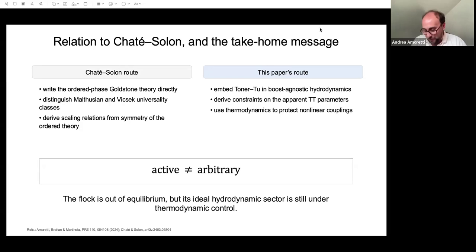I'm telling you that the lambdas are fixed just by thermodynamics. Of course, there are other nonlinear terms in which you must have the activity. So the point is that you need a V0 to be picked somehow to do all this analysis. So you need a certain V to be non-zero.